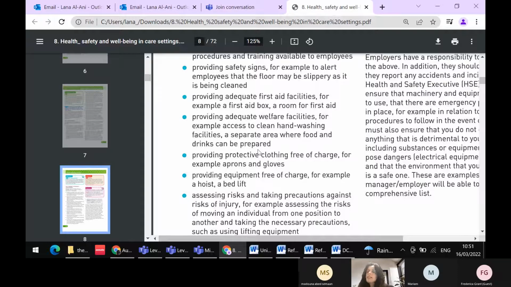Also to provide first aid training, first aid facilities, a box for the first aider, a room for the first aider. So if someone slipped and hurt himself or herself, you can't just leave them sitting in the living room of the center. You need a proper room for that, a proper box with the proper facilities, a proper person who's trained as a first aider.